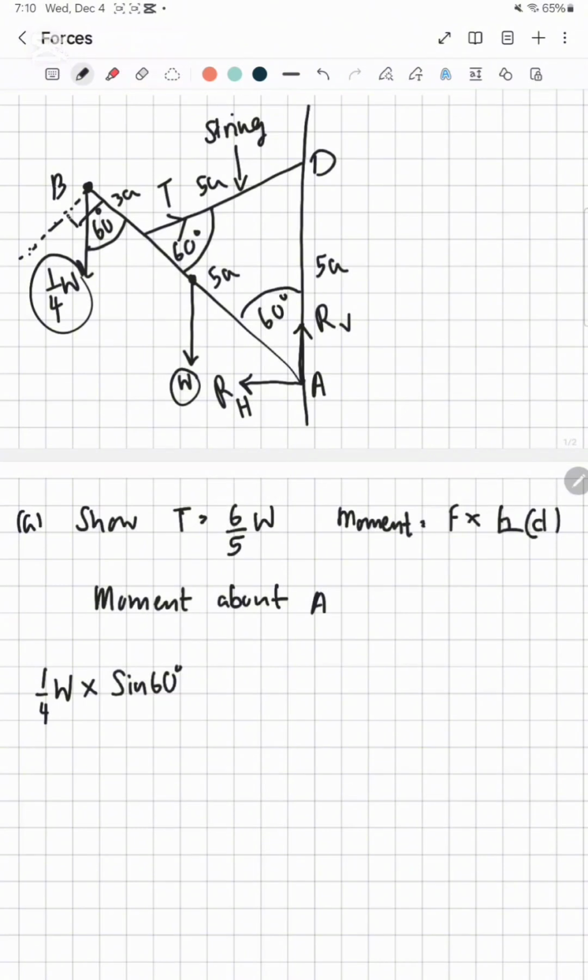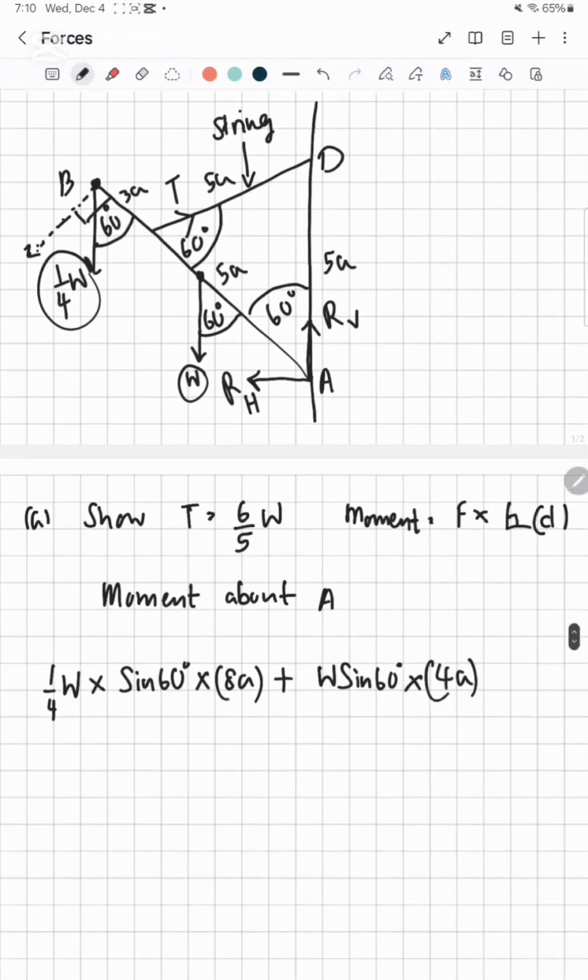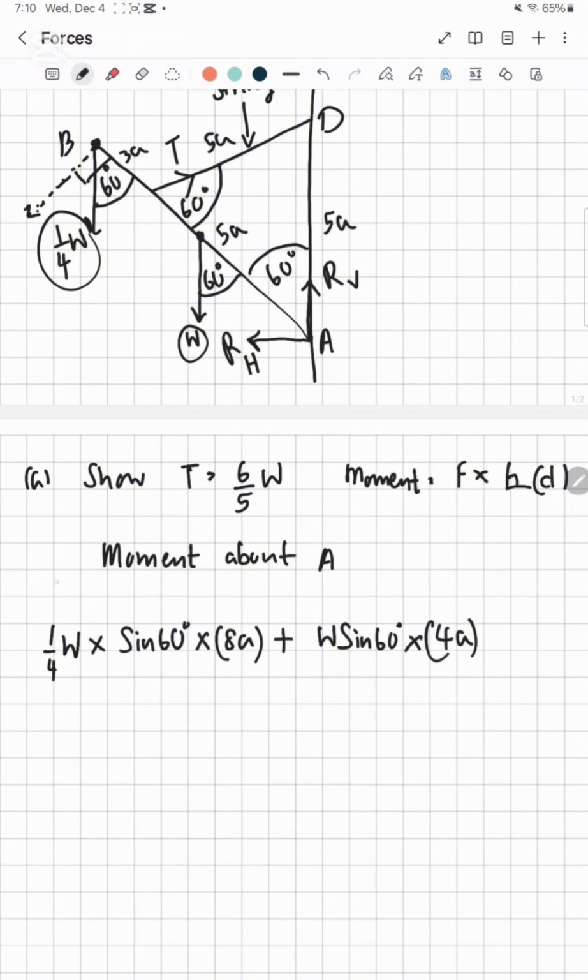So 1 over 4 W sine 60 into 8A, plus W, which is the weight of the rod, into sine 60 again, into 4A, right? So these are anticlockwise. You can take anticlockwise moments on one side and clockwise moments on the other side. So these are all your anticlockwise moments.